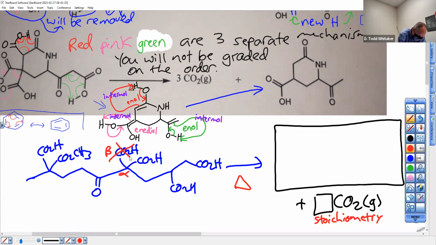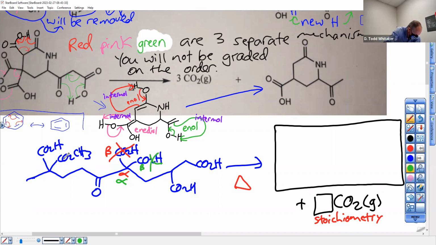That means bye-bye, correct? Once it's gone, let's talk about the carboxylic acid that's still one away from the carbonyl, because its story is also alpha, beta. You agree? It's a separate story, based on the same carbonyl though. Bye.